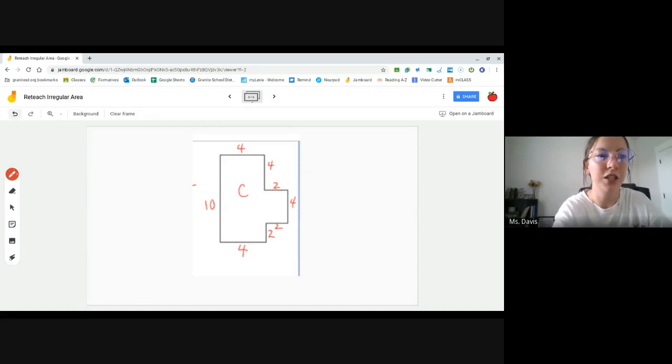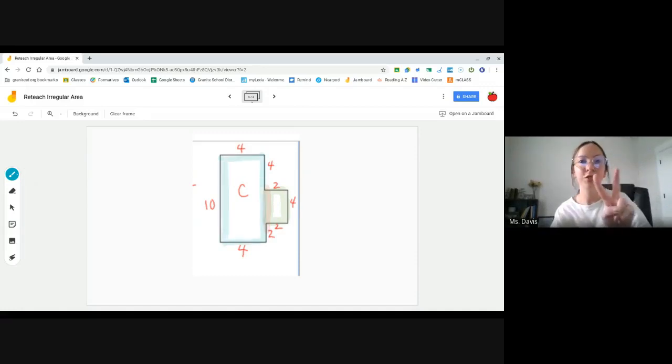So what I'm actually going to do is break it this way and create the rectangle that is right here in green. And then the other rectangle that is this big giant one in blue.